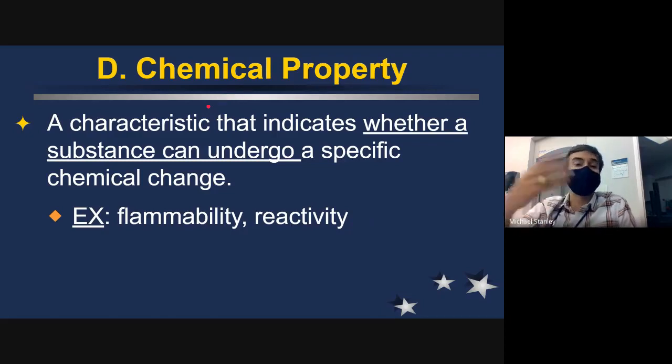They tell us if it can go through a certain type of chemical change. How likely is it to react with itself or with other chemicals if placed in certain situations? How likely is it to catch on fire if it's heated up in a certain way? All of these are chemical properties of our substances.